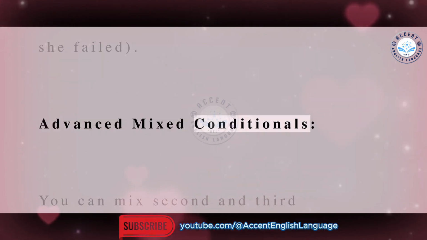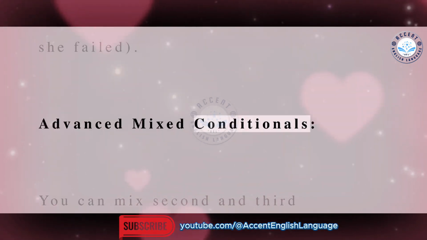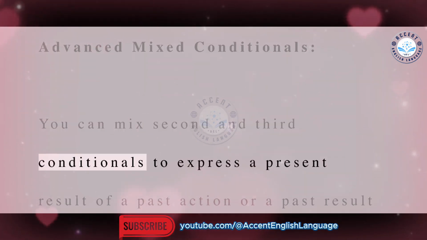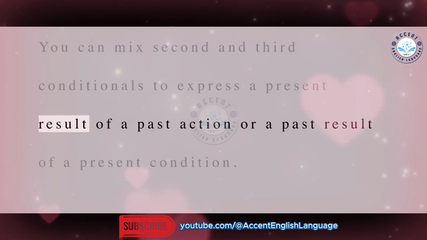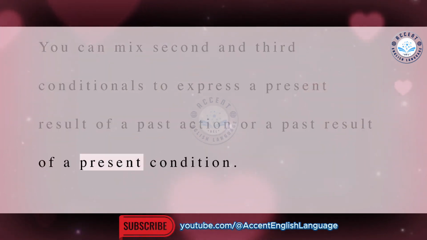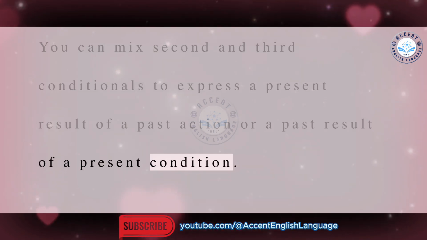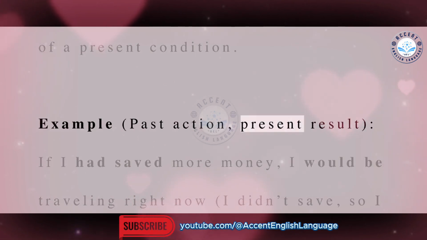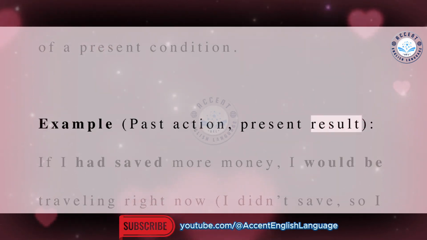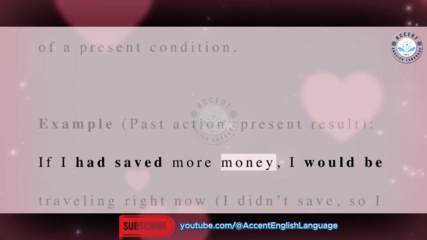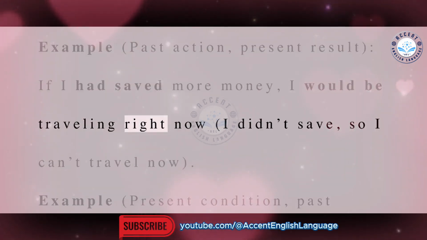Advanced mixed conditionals. You can mix second and third conditionals to express a present result of a past action or a past result of a present condition. Example: past action, present result. If I had saved more money, I would be traveling right now.